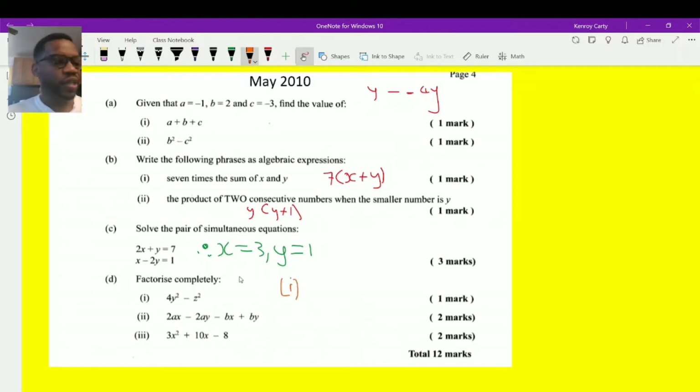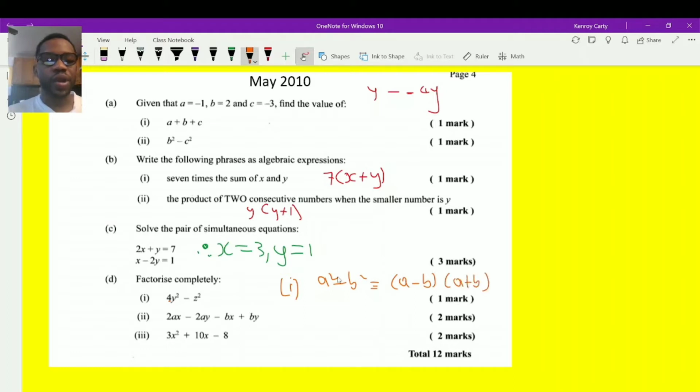Now if you look, normally when you're trying to factorize, we're trying to look for something that is common. If you look at question 1, you notice that there's nothing common, which tells you that the approach must be slightly different. Now, of course, it's a difference of 2 squares, and as you can see, all terms here are square terms. Now, simply put, we know that whenever we have a difference of 2 squares, as in a squared minus b squared, when we factorize this, we get a minus b times a plus b.